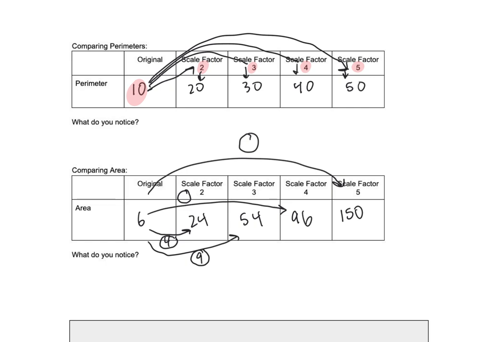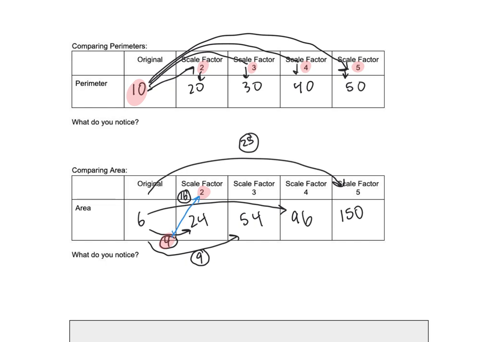Well, you said 6 to 96, and you said 16, and then 6 to 150, and you found 25. What do you notice about those numbers and the scale factor? Because they have a relationship too.